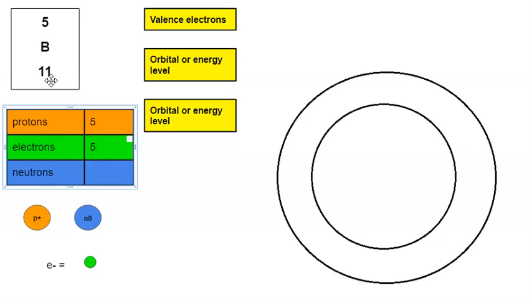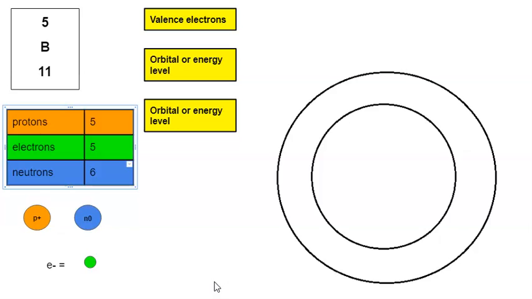To figure out the neutrons, we take the largest number, the atomic mass. We subtract it by our atomic number. So we have 11 subtracted by 5. And that tells us that there are 6 neutrons.